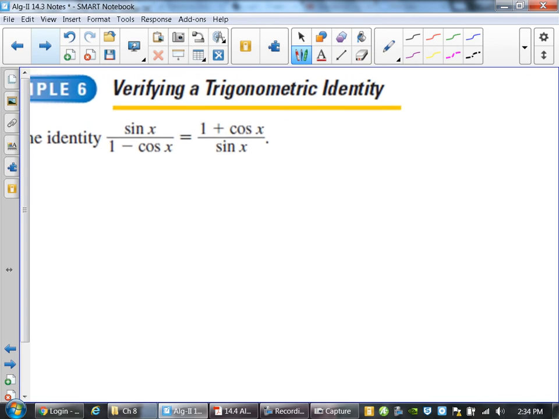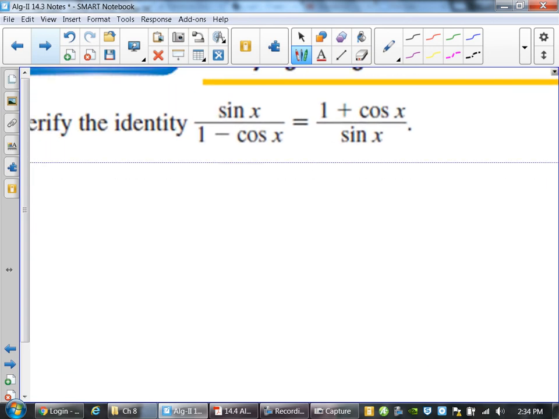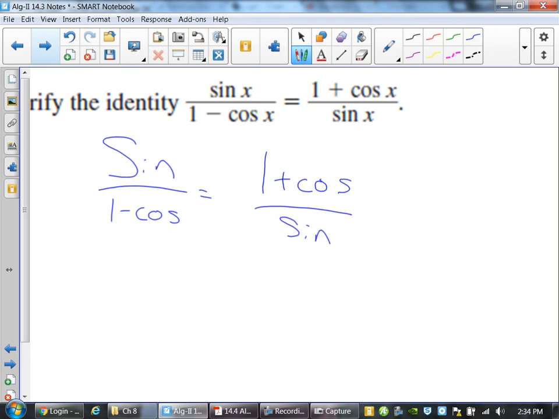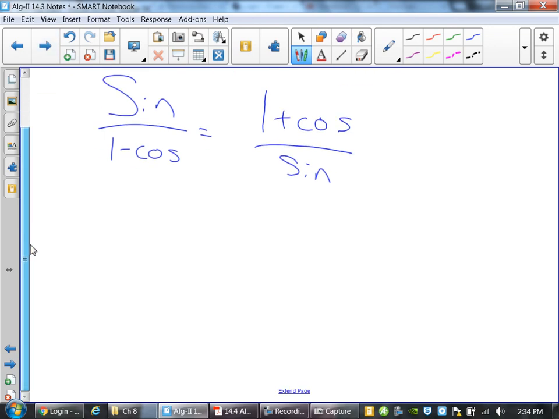Verify this. Make the left look like the right. I have 2 parts in the denominator, so I can't split apart my fractions.